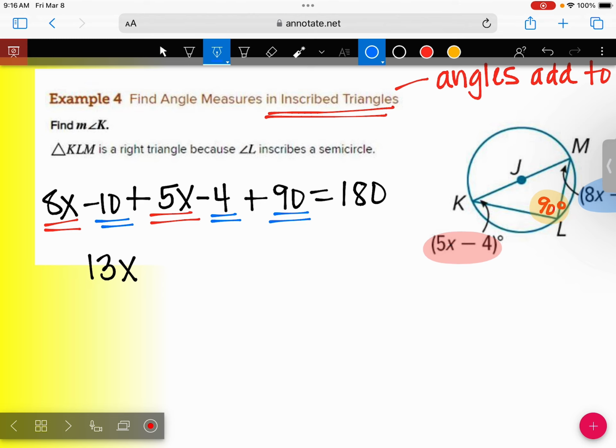So negative 14 plus 90, is that 76? Okay, so plus 76 equals 180.